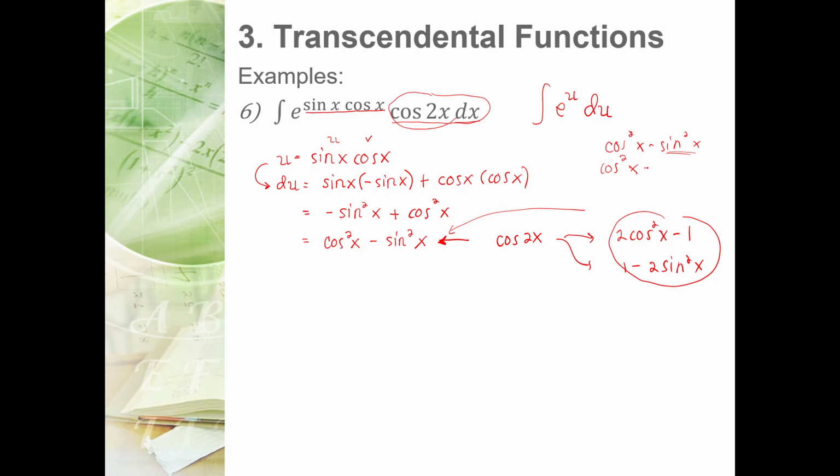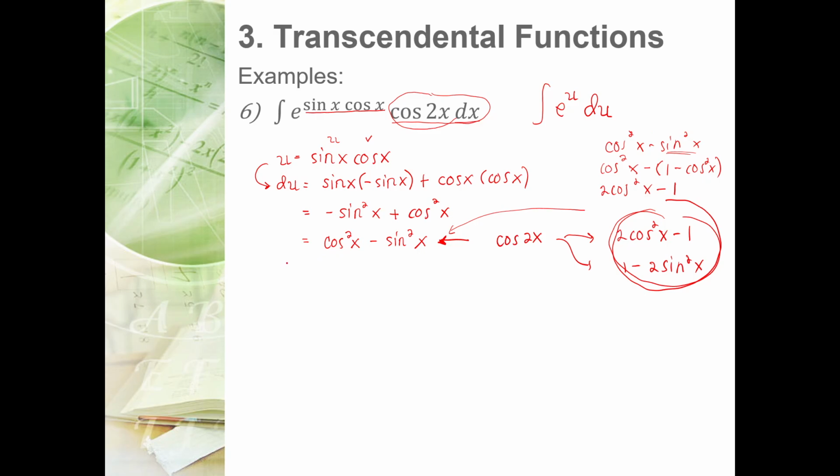So for the sine squared, that's 1 minus cosine squared x. So you get 2 cosine squared x minus 1, since it's replaced with the Pythagorean equation. So that's why you have another format for the double angle cosine.